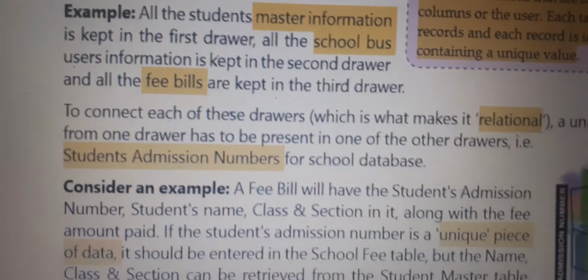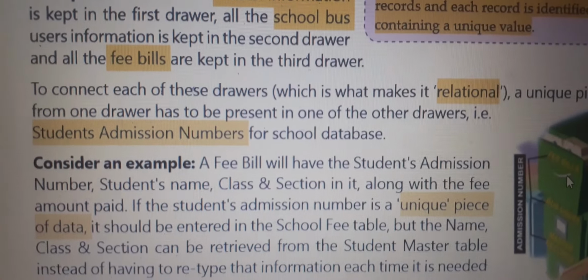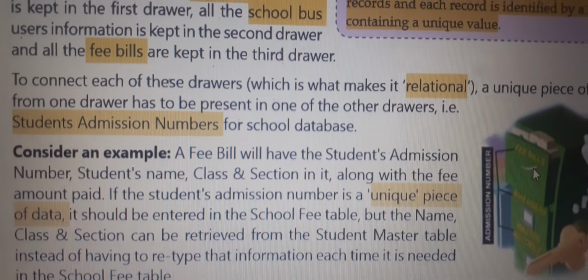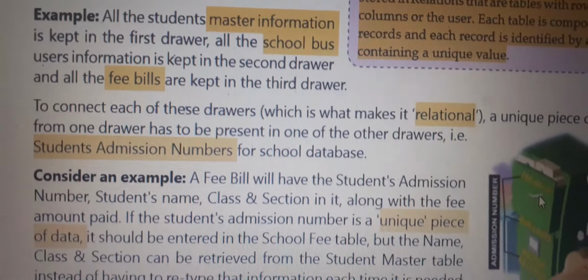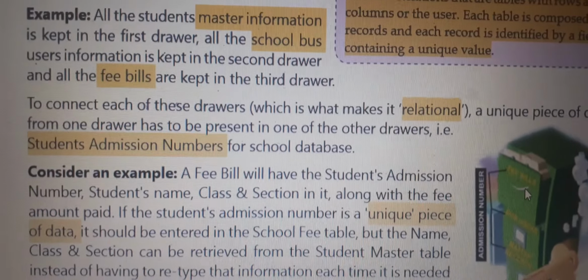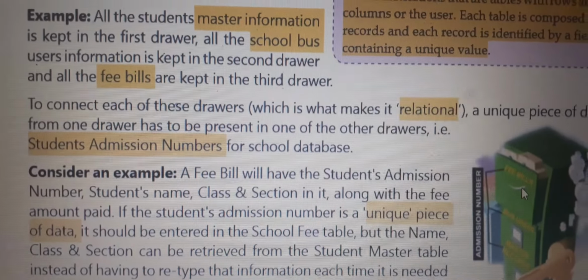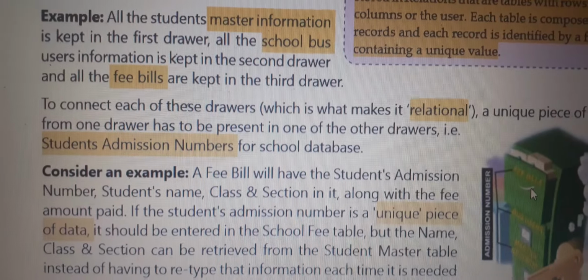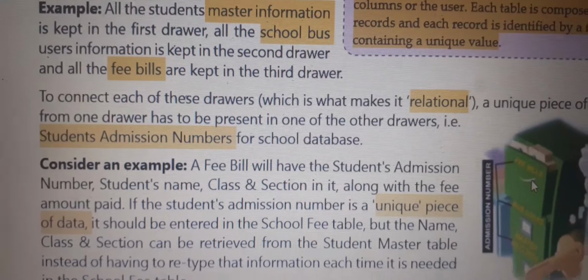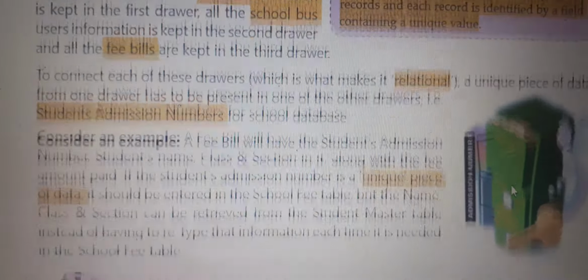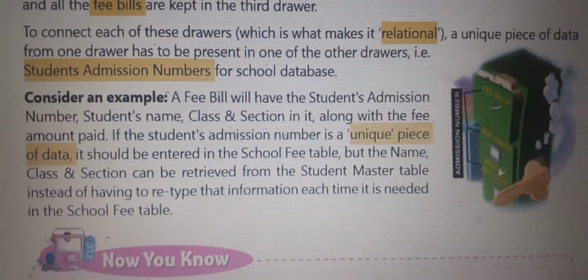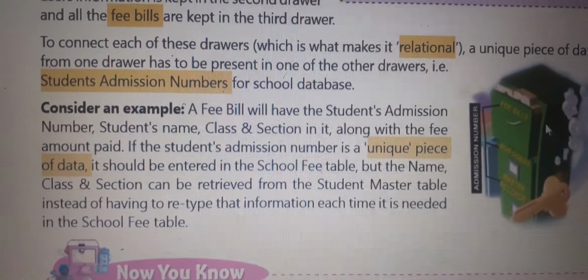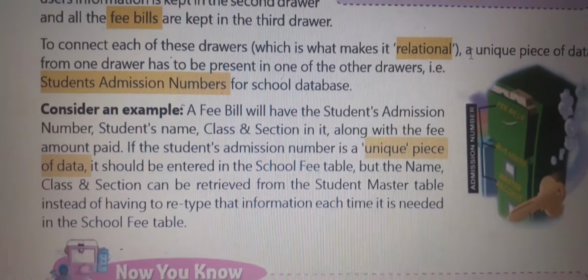Now, to connect each of these drawers, which is what makes it relational, a unique piece of data from one drawer has to be represented in one of the other drawers, that is, students' admission numbers for the school database. It's another example regarding the fee bill, where the unique field is student admission number.